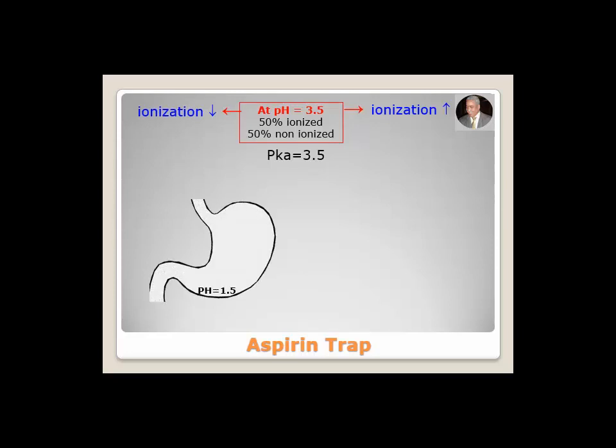In the gastric lumen, which contains hydrochloric acid, the pH is very low, about 1.5. Accordingly, most of the ingested aspirin dose will be in the non-ionized form. Since the non-ionized form is lipid-soluble, the aspirin molecules will cross the gastric mucosa and enter inside the gastric cells, where the pH is 6.5.